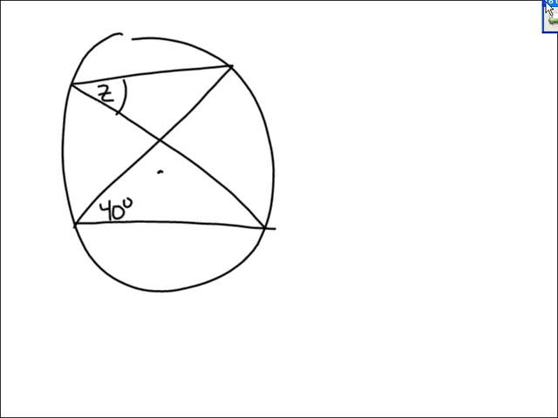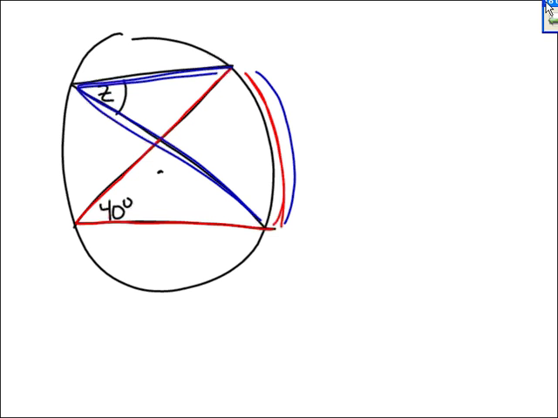This 40-degree angle cut off this arc. Angle Z cut off the same arc.